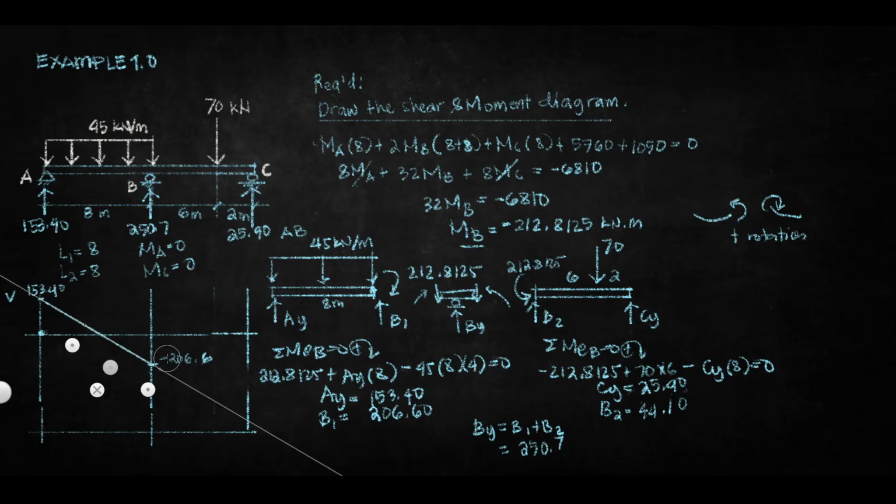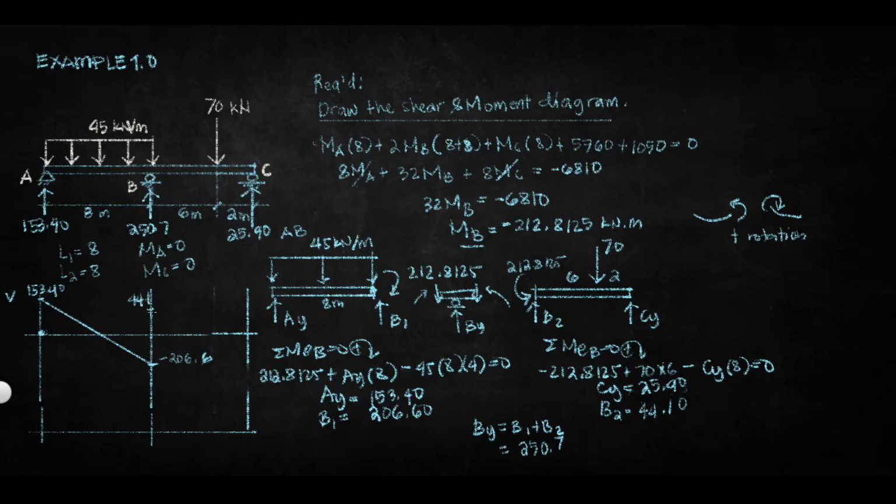First degree. And then, tataas tayo ng 250.7. So, from 206.6, tataas tayo ng 250.7. So, lalabas is 457. Wait lang. Lalabas is 44.1 dito. We have 44.1.